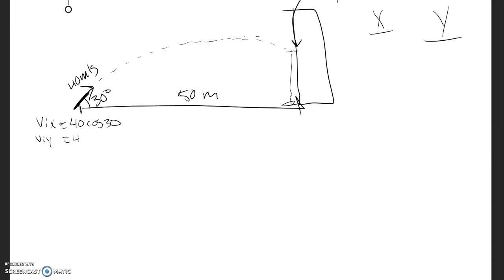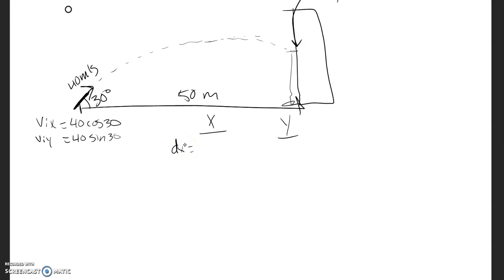VIY is 40 sine 30. Good. From there, let's go to what we know in the horizontal and what we know in the vertical.